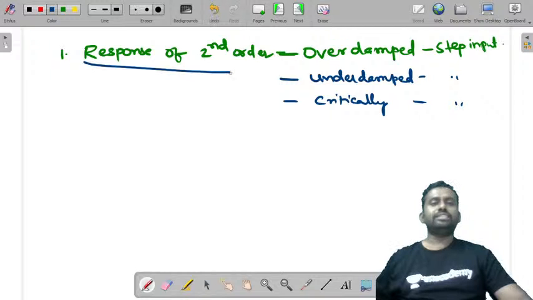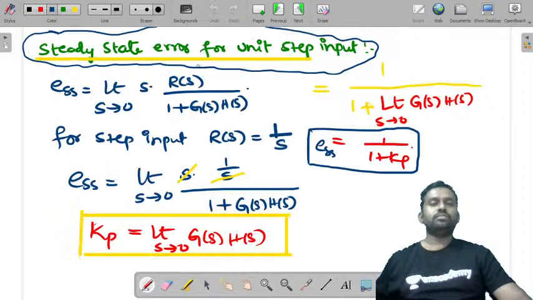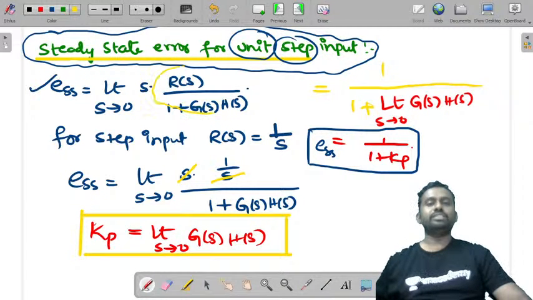So we have considered steady state error for unit step input. So we already know this expression for steady state error. ESS is equal to limit s tends to 0 s into R of s by 1 plus G of s into H of s. This R of s by 1 plus G of s into H of s was E of s, right? So for step input R of s value is 1 by s, right? If you substitute R of s as 1 by s, you already have an s here and the 1 by s will cancel out.